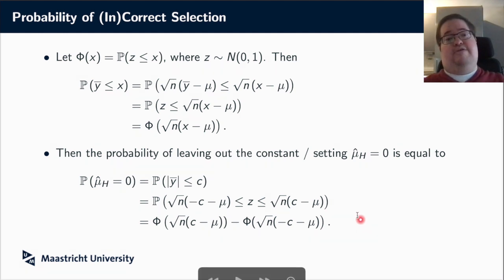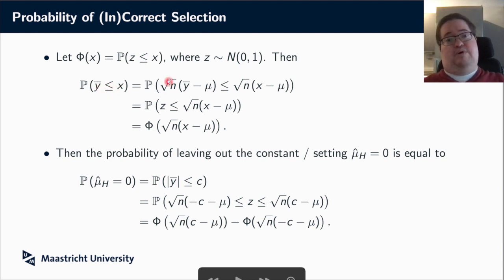Let's first look at the probability of making the correct selection decision. This relates back to what we did for the lasso, where we looked at the model selection properties. Using again the convention that capital phi denotes the CDF of the standard normal, we can write the CDF of the sample mean as the function phi, but then we need to make sure, of course, that we properly standardize.